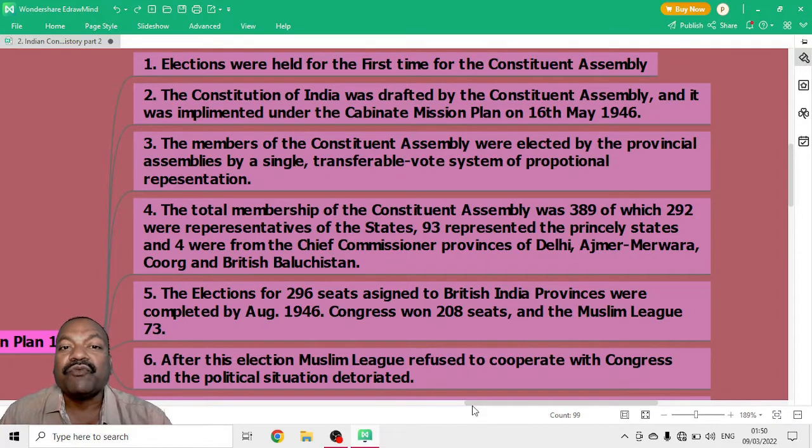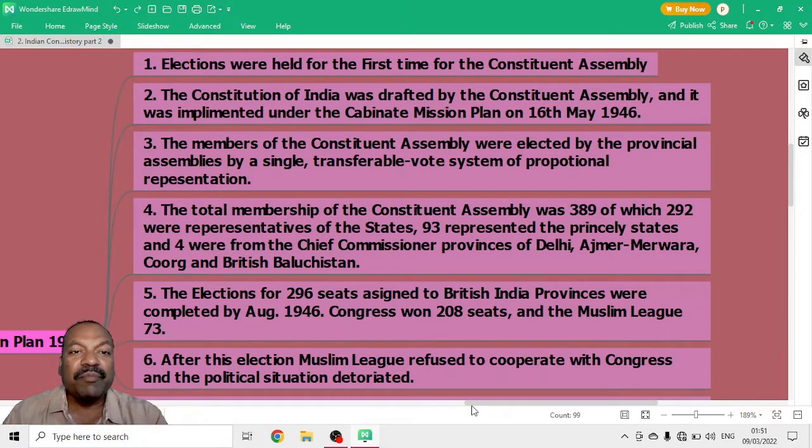The Constitution of India was drafted by the Constituent Assembly and it was implemented under the Cabinet Mission Plan on 16th May 1946. The members of the Constituent Assembly were elected by the provincial assemblies by a single transferable vote system of proportional representation.